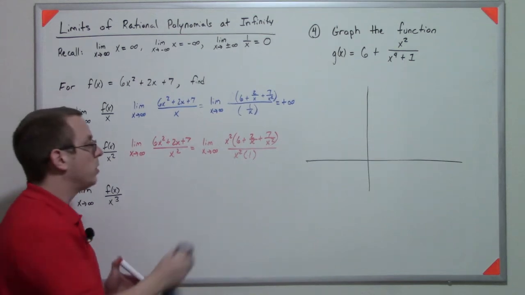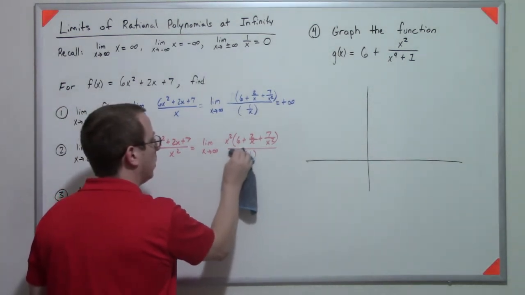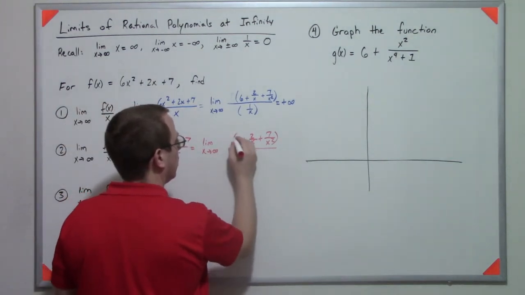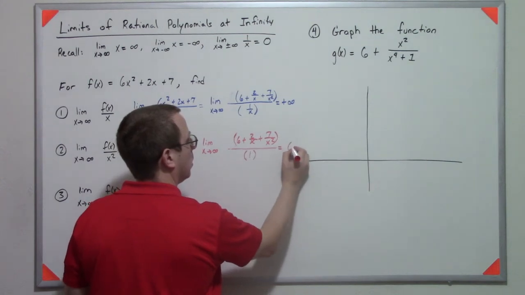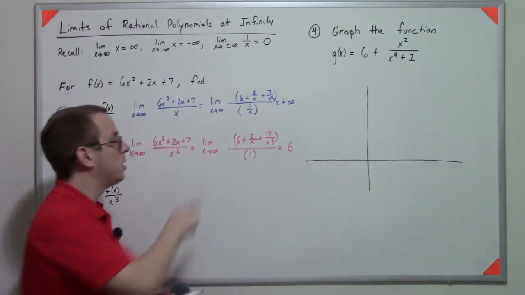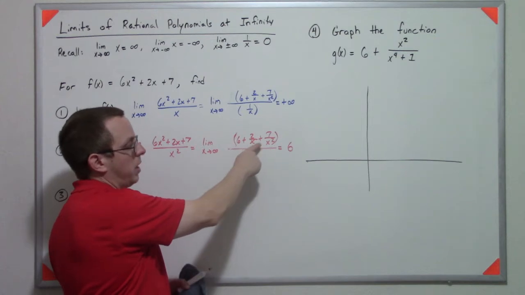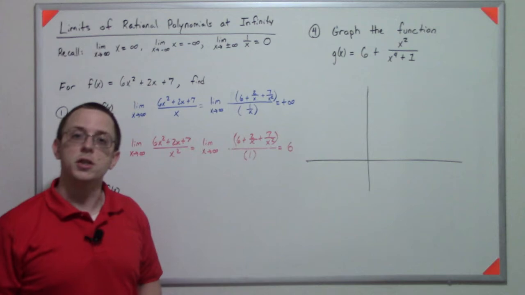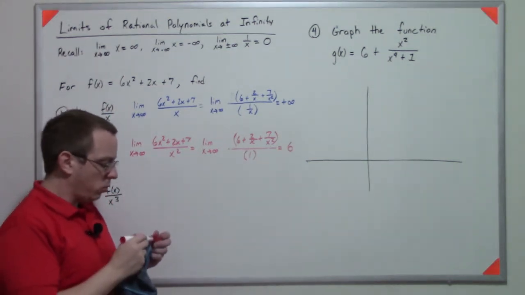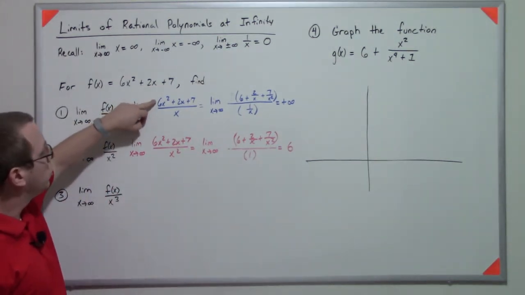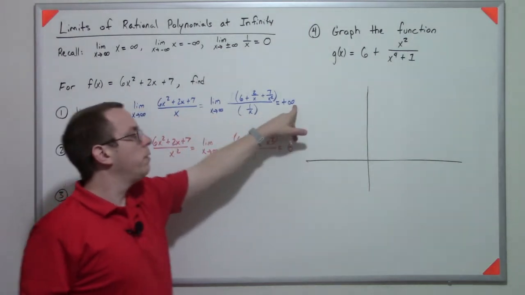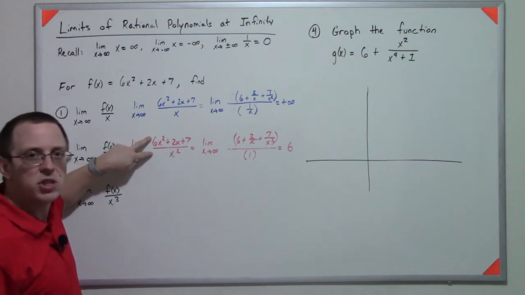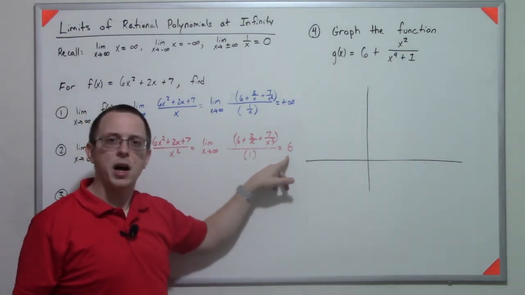Again, the x squareds are going to cancel. And that leaves me with 6 because those terms vanish as we go to infinity, and all we're left with is 6 over 1. So what we found was, in the first case, the degree was larger on top, and it shot off to infinity. In this case, the degree was the same size, and it stayed finite.